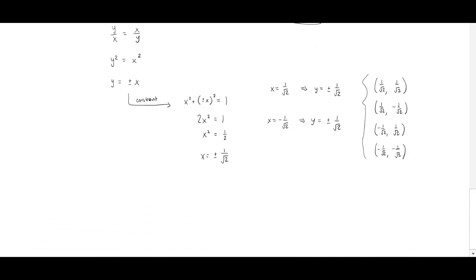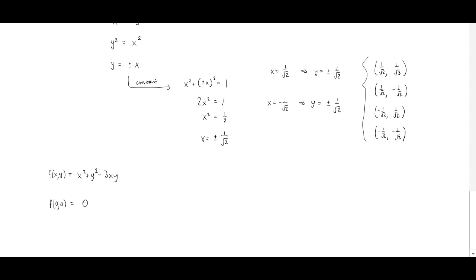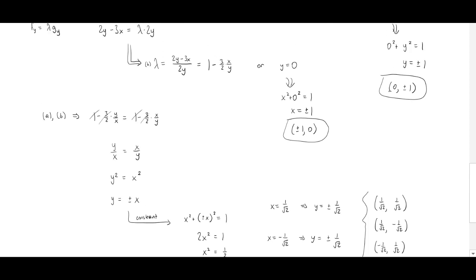All right. So now we're at the point where we just plug all of them into our function. So then I'm just going to copy the function down for reference. So that was f. So the origin was the first point that we found. So we get 0. The next points that we found were these 4 points. Plus, minus, 1, 0.